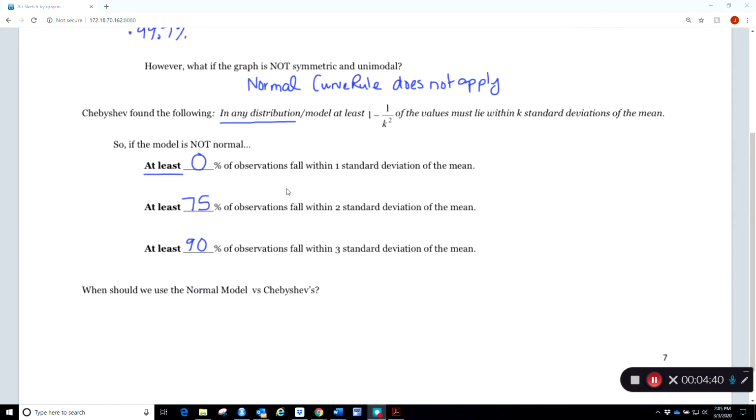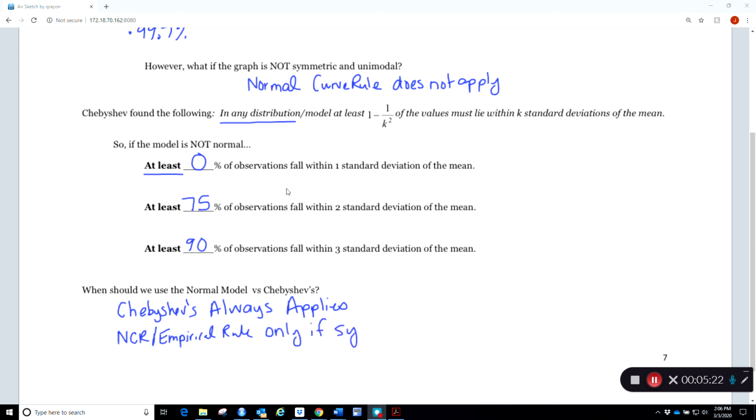So how do I know when to use that normal empirical rule versus Chebychev's rule? Well, first of all, again, Chebychev's rule will always hold, regardless. So it doesn't matter if you could have used the normal rule, it always applies. Basically, it always works. However, the normal curve rule, that is the empirical rule, that 68, 95, 99.7 rule, we can use only if we are symmetric and unimodal.